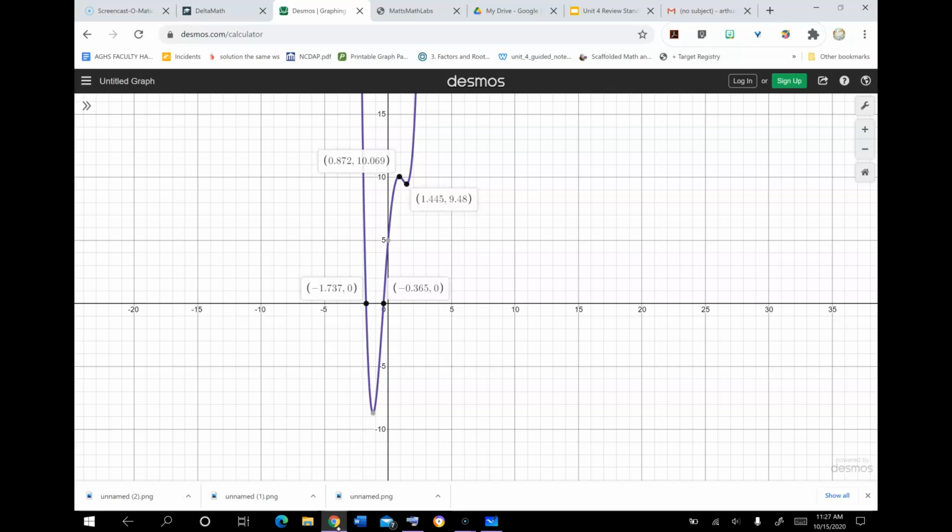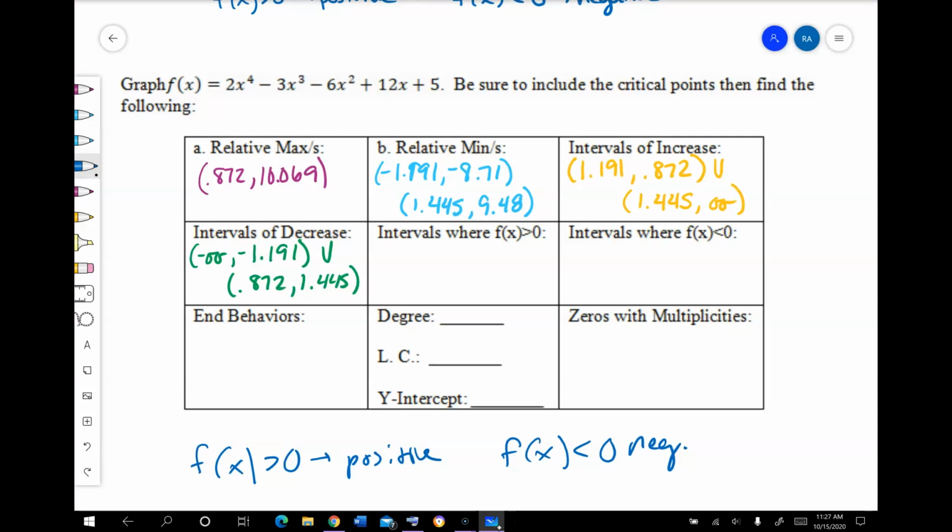Okay, and I'm positive the entire time leading up to positive infinity. So let's go write that. So I am positive from negative infinity to negative 1.737 union negative 0.365 to positive infinity.